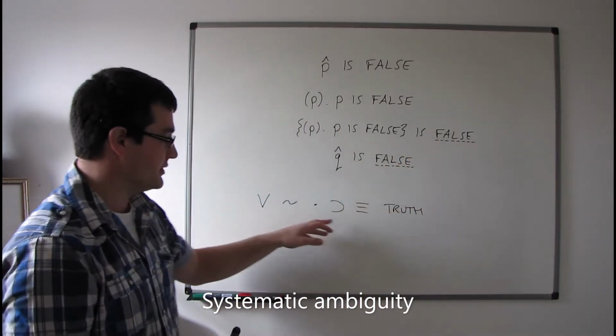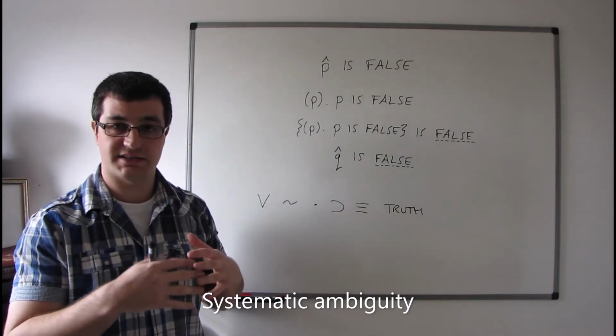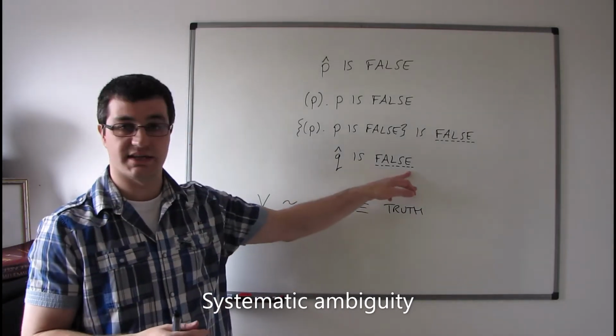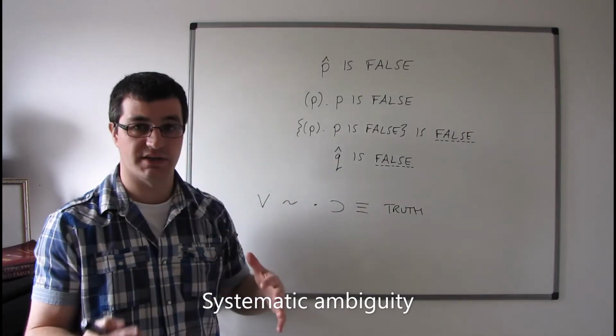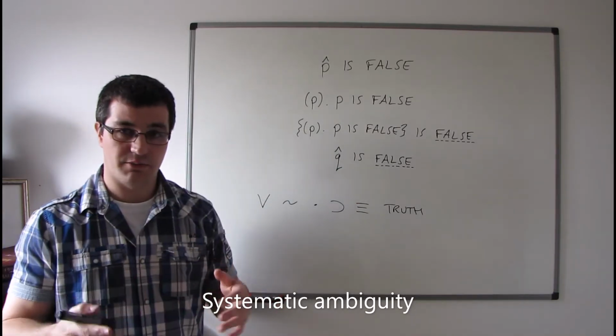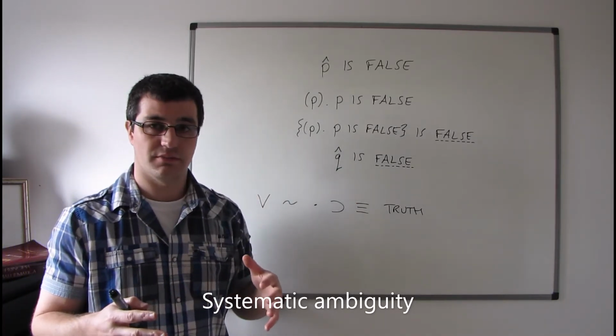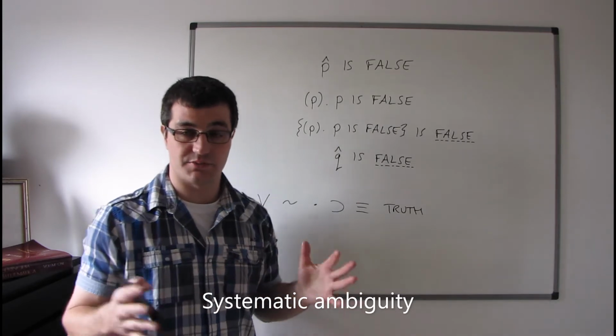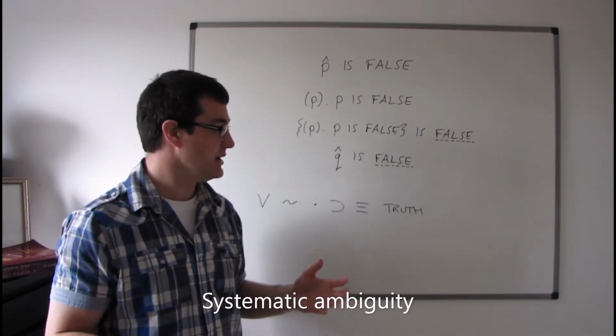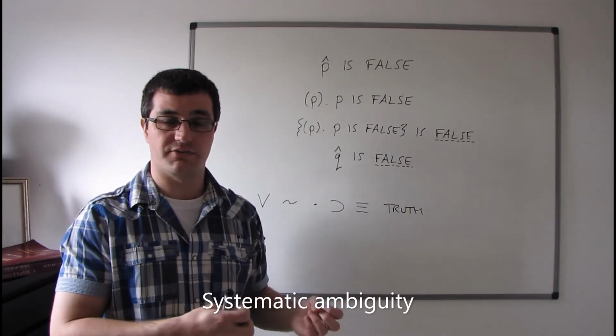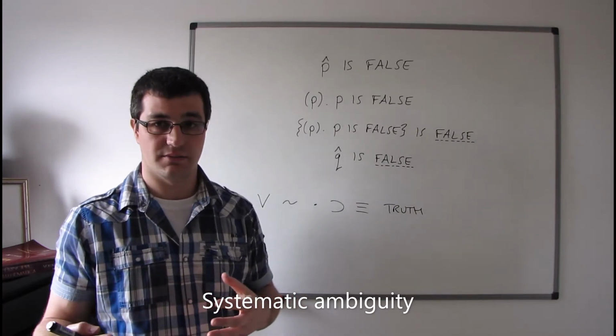All of these symbols are subject to the same problem as this, and it's not too difficult to show this. So this is something that we're going to have to overcome in some way. We've got to accept this as a problem. There's nothing we can do about it. It's one of the consequences of our system.